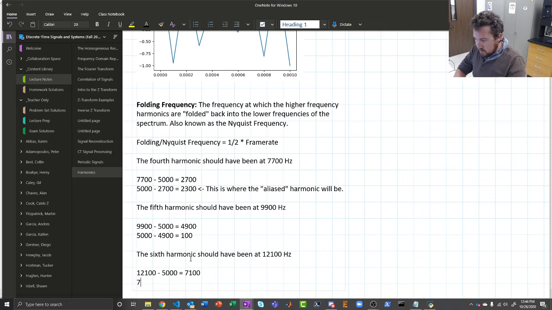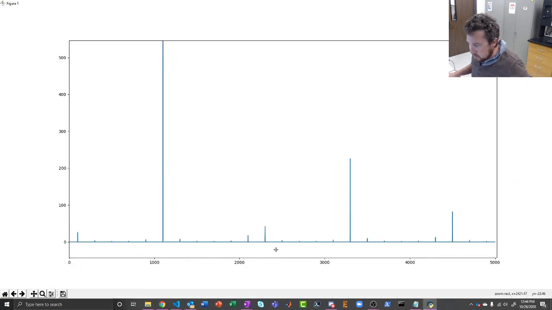And then 7,100 minus 5,000 is going to get us 2,100. So we would expect to see the next harmonic at 2,100. So 1, 2, 3, 4, 5. The next one is going to be this. That sure enough is at 2,100 hertz. So those spectrum sinusoids, those harmonics are just sort of ricocheting around inside the window from 0 to 5,000.